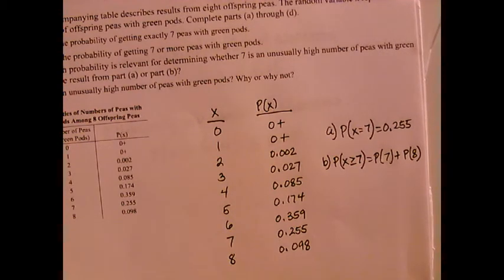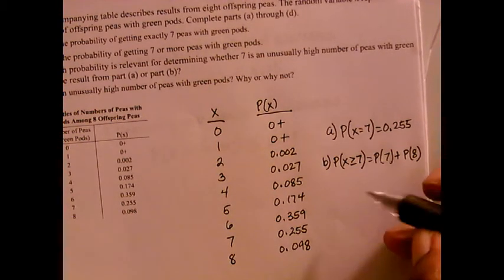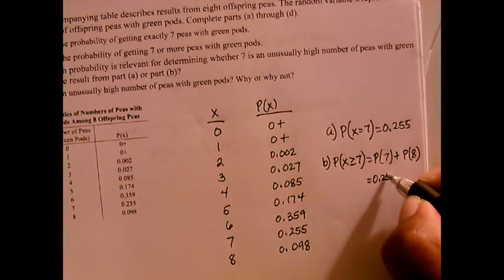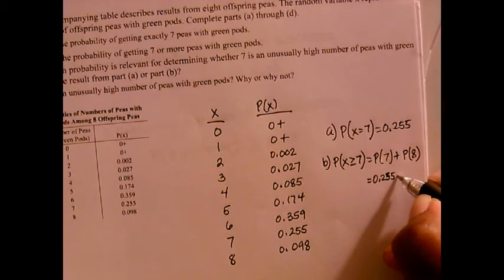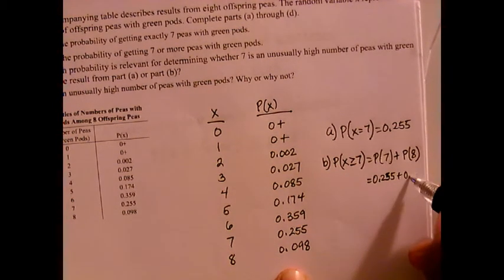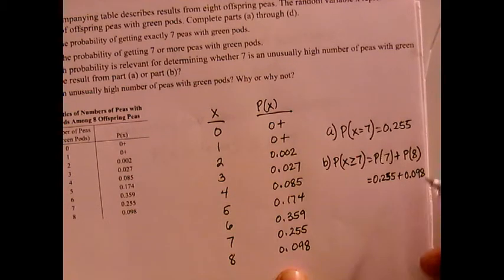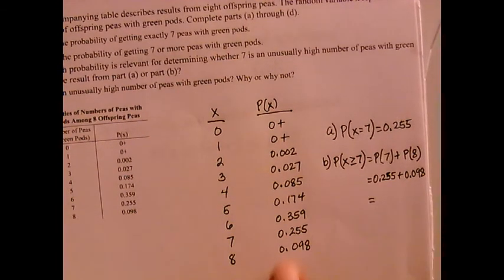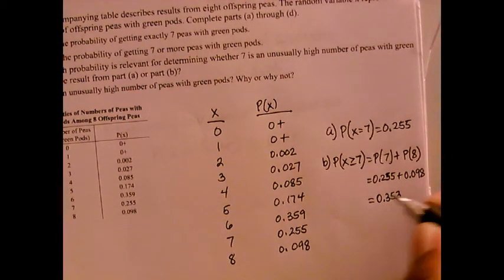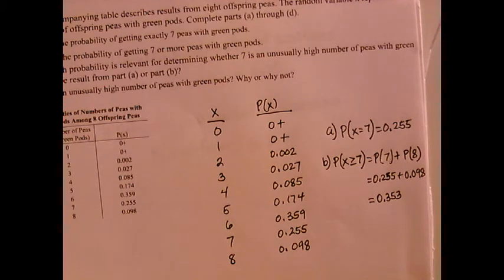The probability of getting exactly 7, we found to be 0.255, plus the probability of getting exactly 8 would be 0.098. So if we add those two together, you'll get 0.353. Okay, so that's part B.